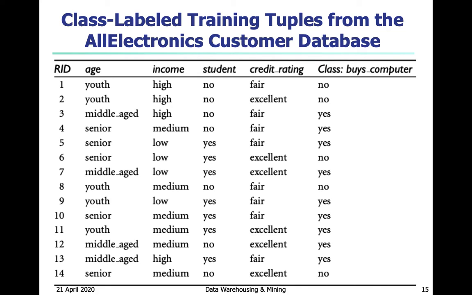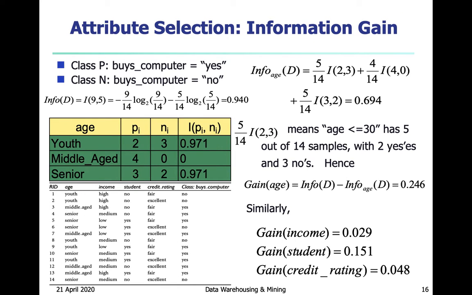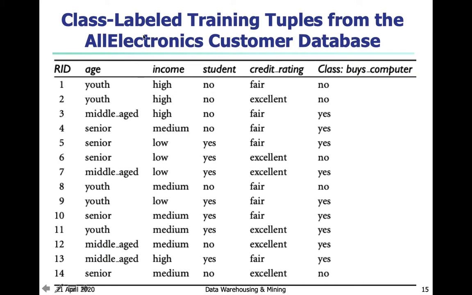So now check it. This is our training data set. We have 14 tuples. There are two classes: one is class P, yes, and the other is class N, no. So first we will find the entropy.